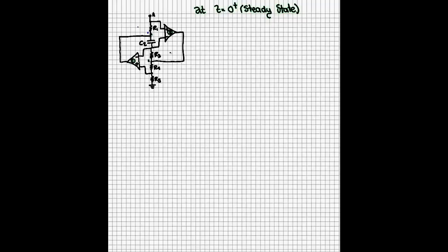The ground is going to move all the way up from this node to the negative terminal common to op-amp 1 and op-amp 2. So we know that ground is now at the negative terminal, but now op-amp 2 is going to try to make its positive terminal equal to its negative terminal, which means that we're going to have ground at the input to the circuit, right? You're going to have ground all the way up there.